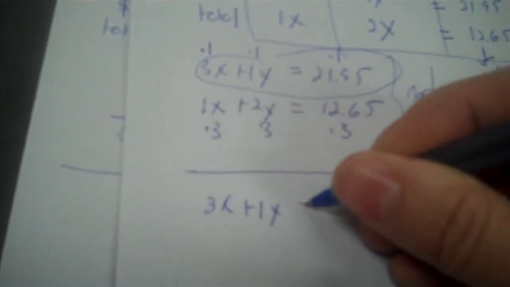Okay, so 3X plus 1Y equals 21.95. Then the Y can be replaced with your first answer, 3.20. So that product, 1 times 3.20 is 3.20, and then I add the 3X.